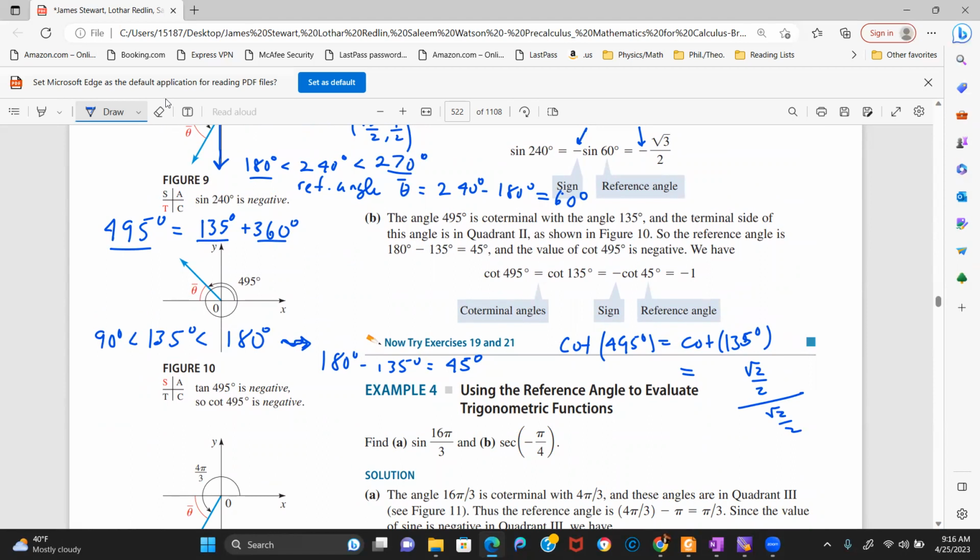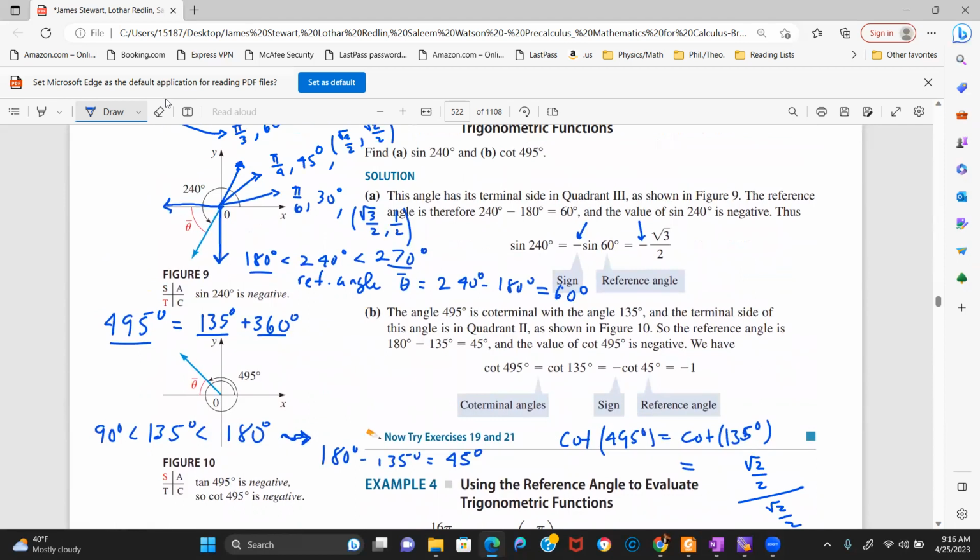But that's not the whole story, because we got to make sure we put the right signs in. We're in the third quadrant, so that means the x and, I'm sorry, no, we're in the second quadrant right here, because we're between a 90-degree angle and a 180-degree angle.